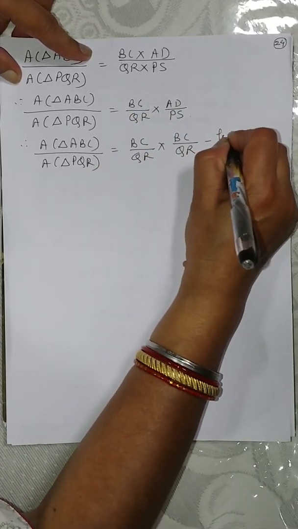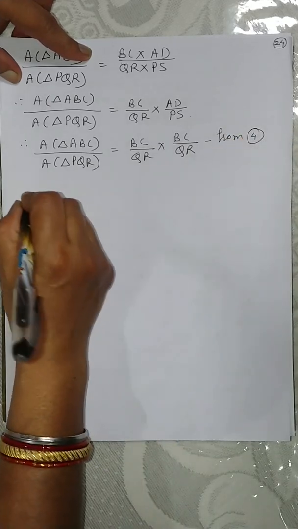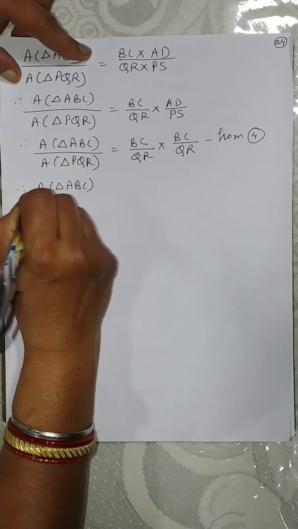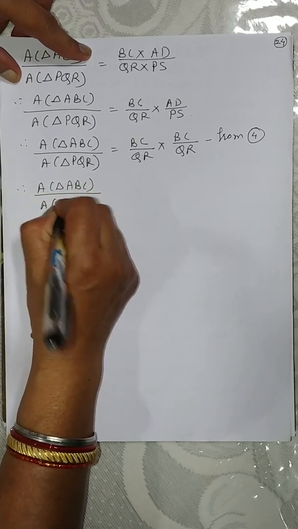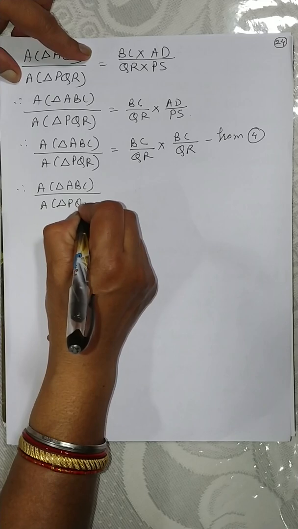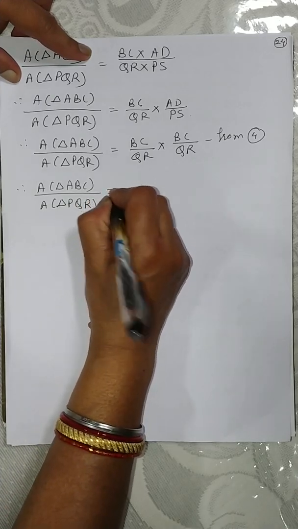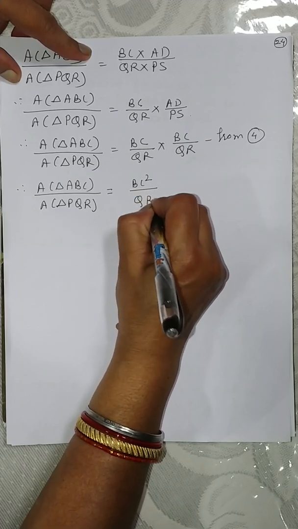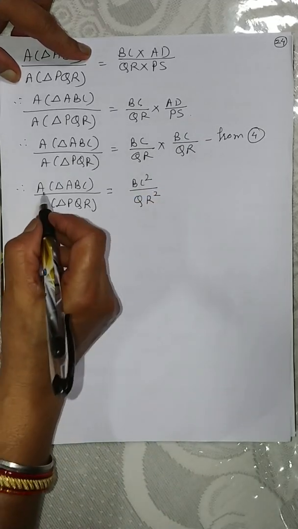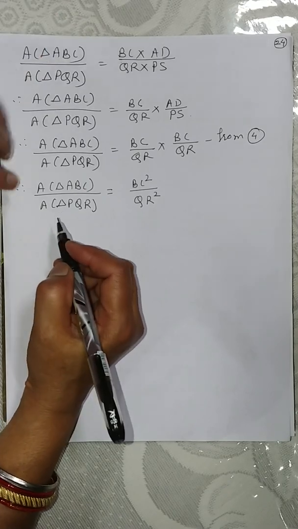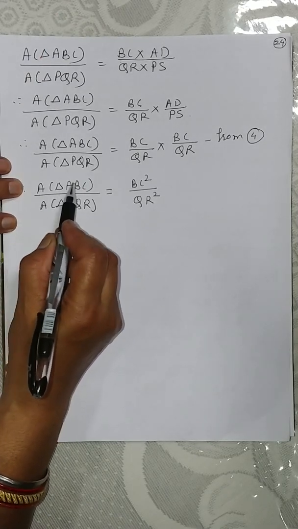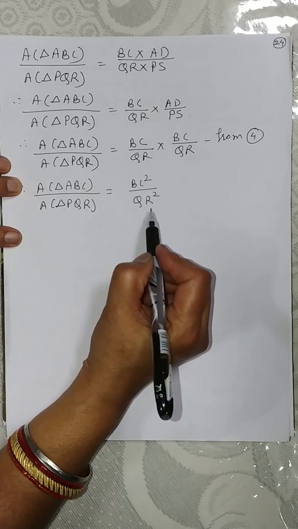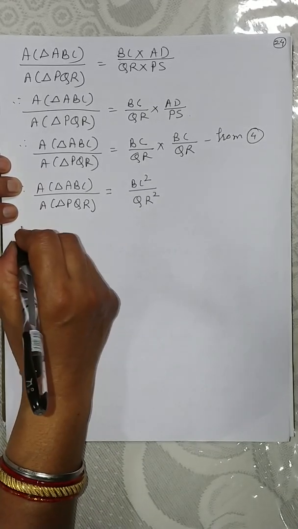So from 4, area of triangle ABC upon area of triangle PQR, it is equal to BC square upon QR square. So if two triangles are similar, then the ratio of their areas is equal to the ratio of the square of their corresponding sides.